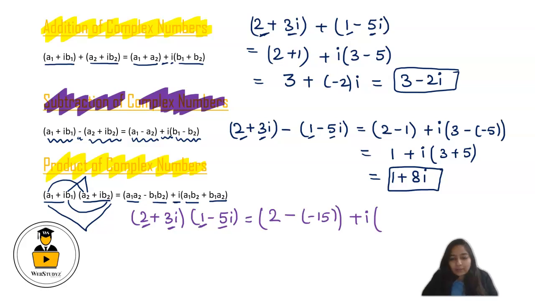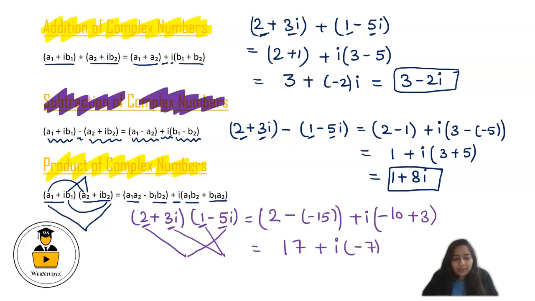Now we will multiply the real part of the first with the imaginary part of the second, that is 2 multiply minus 5, that is minus 10, plus the imaginary part of the first and the real part of the second, that is 3 multiply 1, that is 3. So this is equal to 2 plus 15 is 17, plus minus 10 plus 3, here we have iota, minus 7. This is equal to 17 minus 7 iota. I hope this is clear.